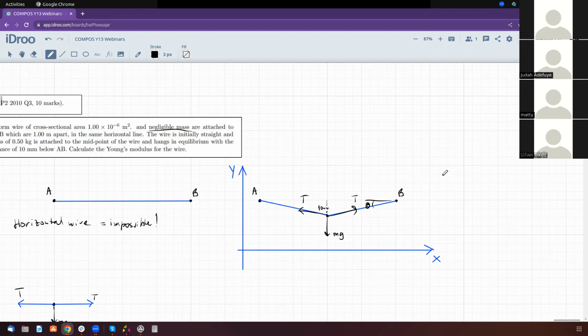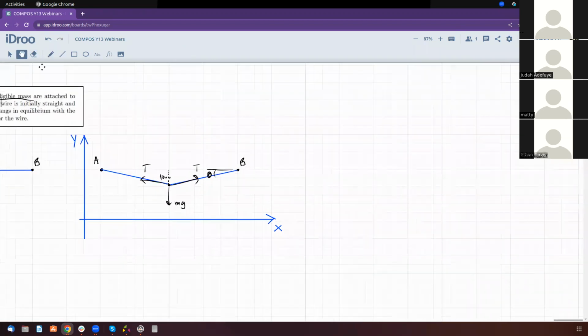Well, let's do it properly. Newton's second law. Mass times acceleration in the x direction is equal to T cos theta minus T cos theta, and that's equal to 0.